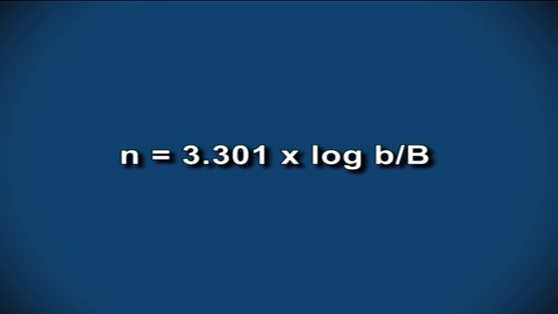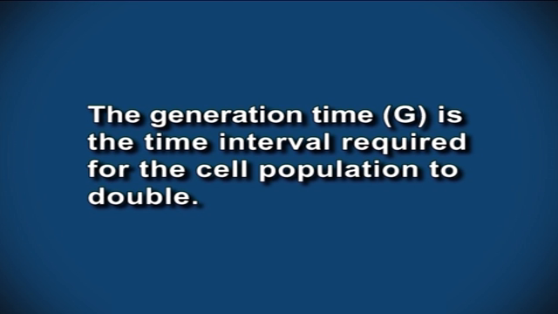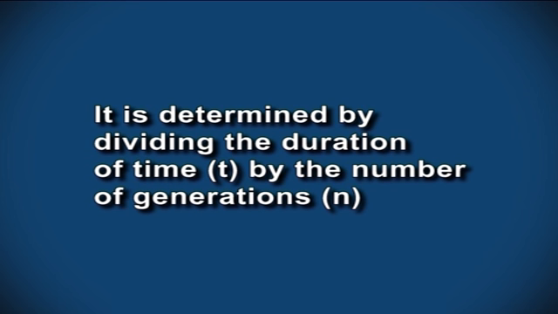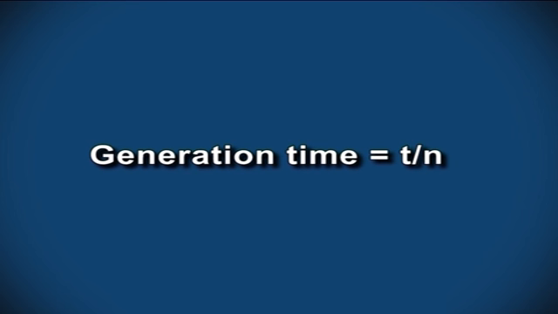The number of generations can be determined by using the formula n is equal to 3.301 into log b by B. The generation time G is the time interval required for the cell population to double. It is determined by dividing the duration of time t by the number of generations n, that is generation time G is equal to t by n.